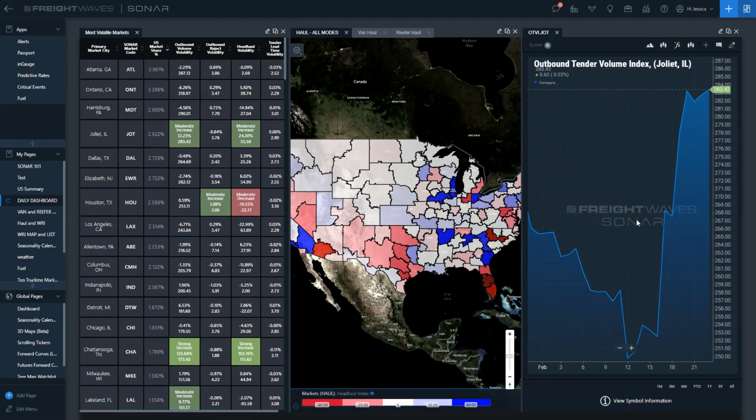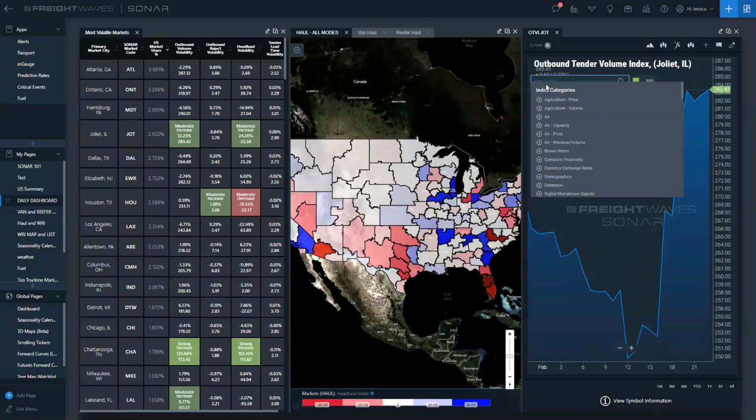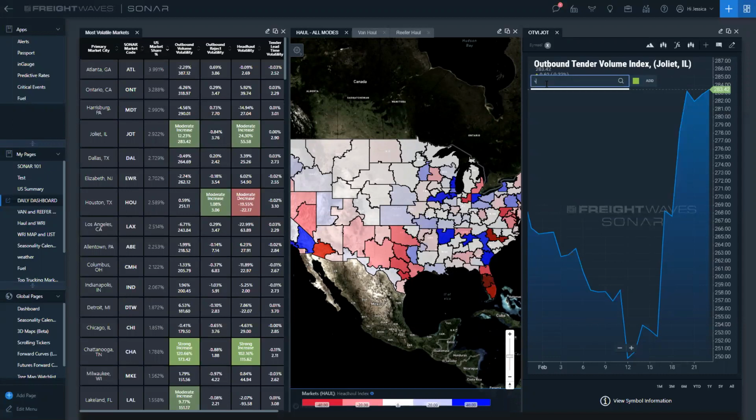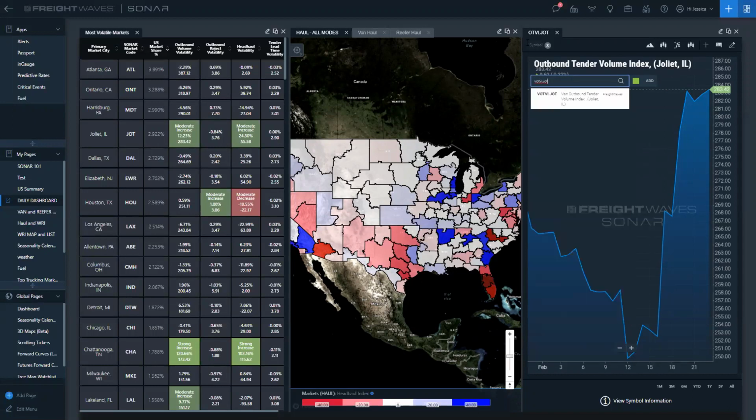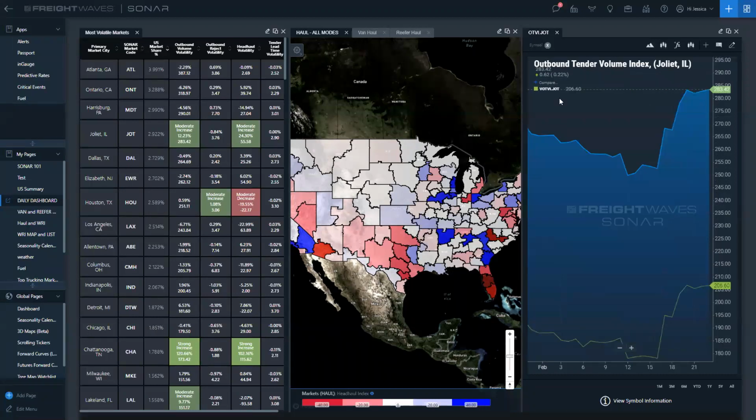What I like about this is you can quickly click compare, and you can sort this or try to figure out if this is pulling by van or by refrigerated. So if you want to know if this is van, you would simply type in VOTVI.JOT. OTVI is outbound tender volume, VOTVI is van outbound tender volume.